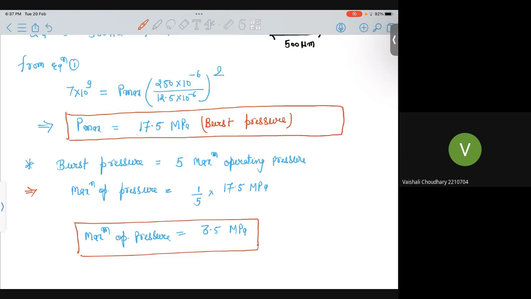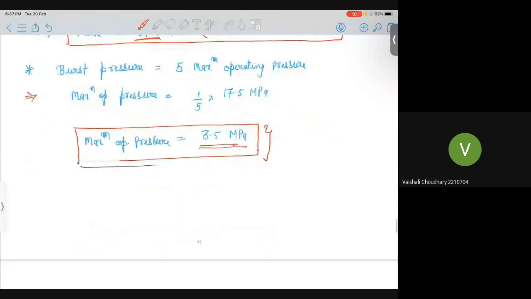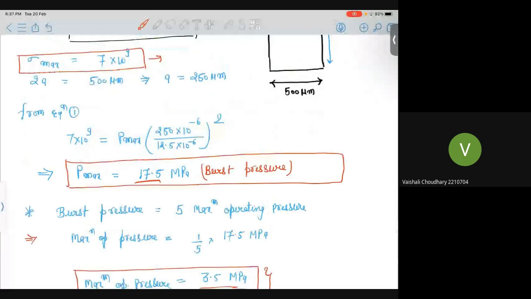If you compare these two values, you can clearly observe that the maximum operating pressure is 5 times lower than the burst pressure. So if you operate your sensor in this region, you'll get the required output. So this is how you can calculate the burst pressure and maximum operating pressure.